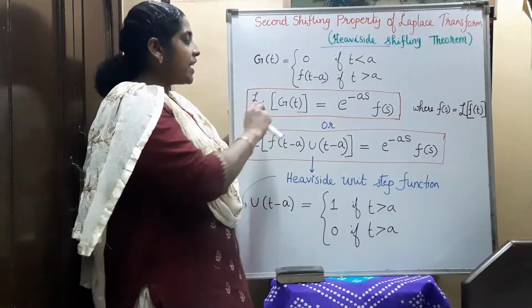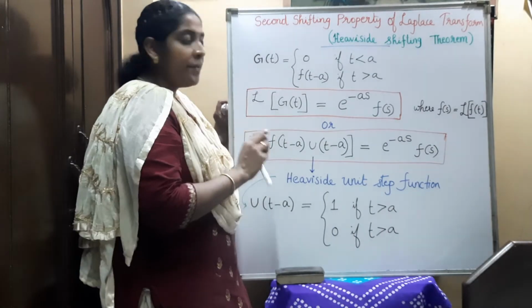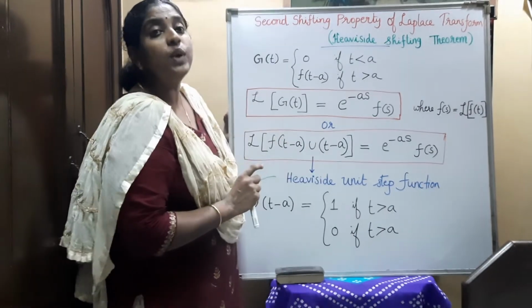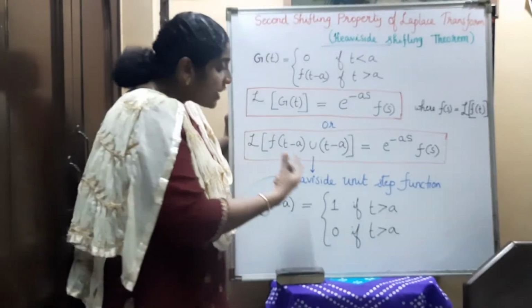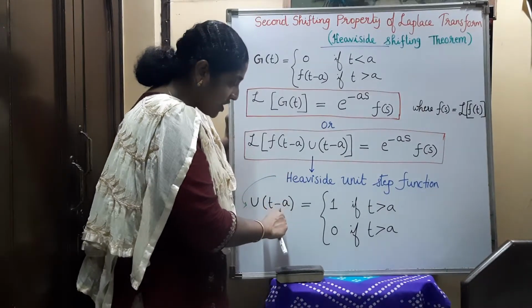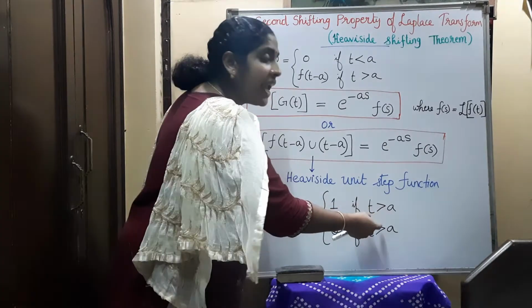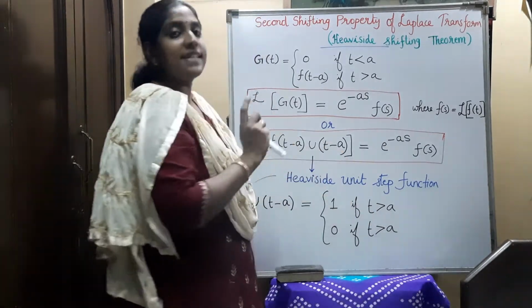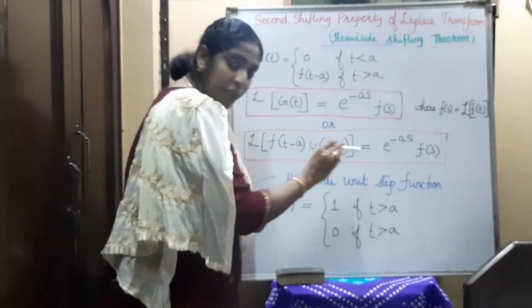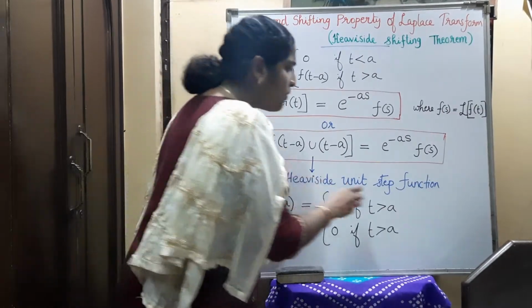In other words, we can write this using a Heaviside unit step function. We can introduce this Heaviside unit step function here. Its value is 1 if t is greater than a, and its value is 0 if t is less than a. This is simply called the unit step function. What is the meaning of step?